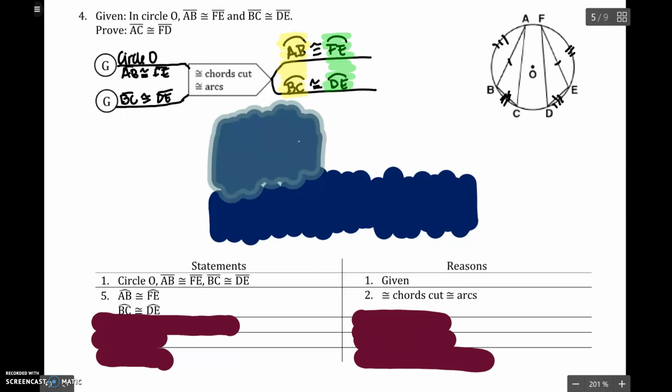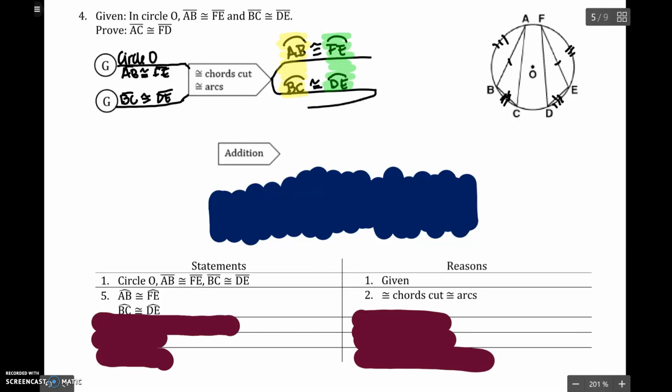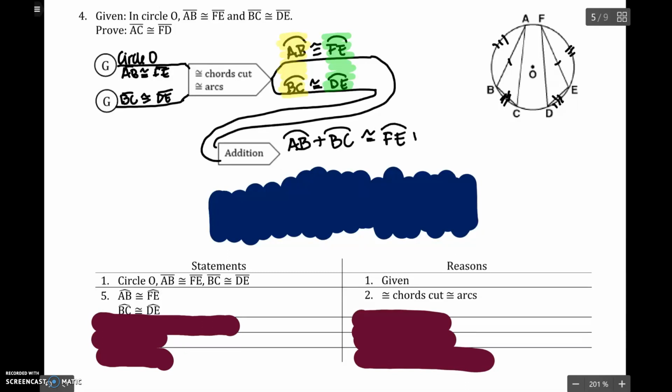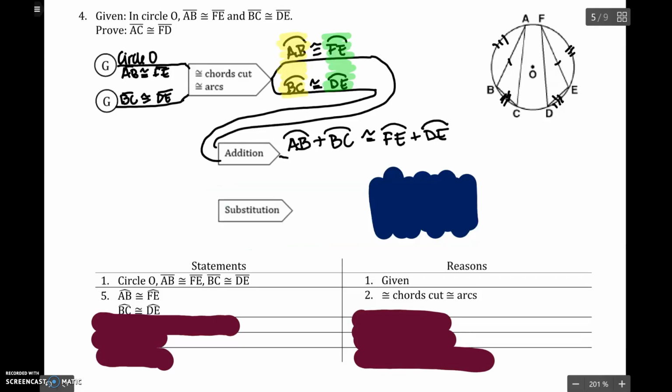So I can take AB and add on BC as an arc, as well as FE and DE as an arc. And then after addition is always substitution, where you put those together.